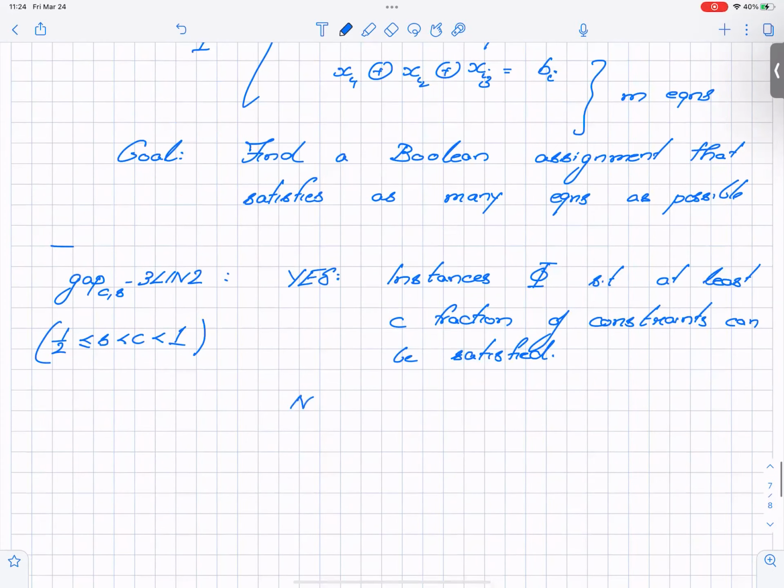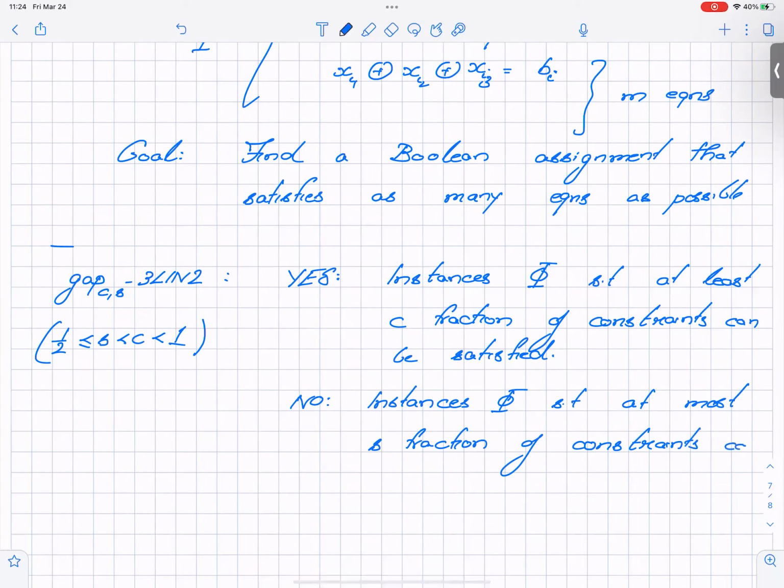And the no instances are instances phi such that at most an s fraction of constraints can be satisfied.